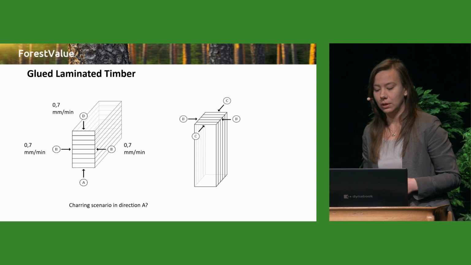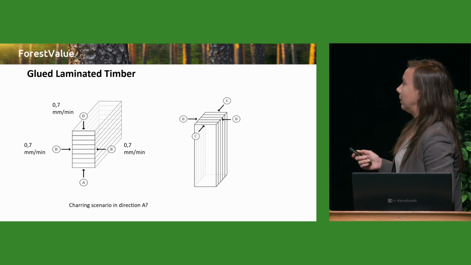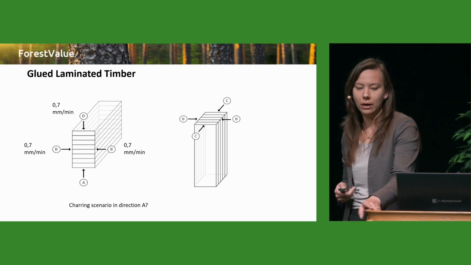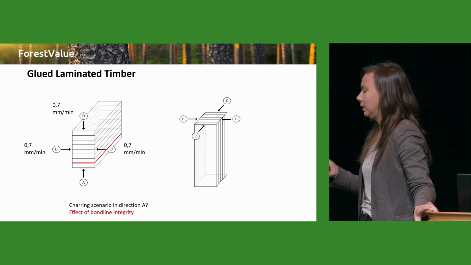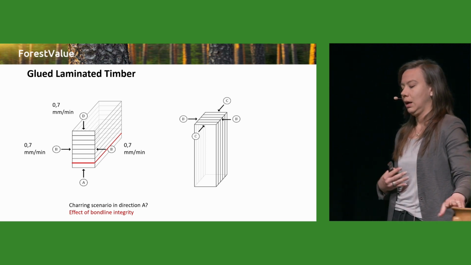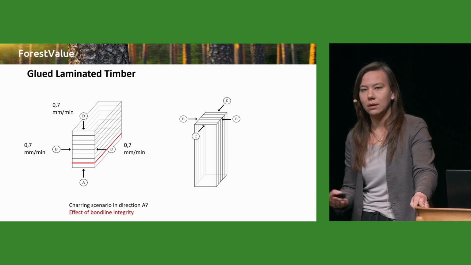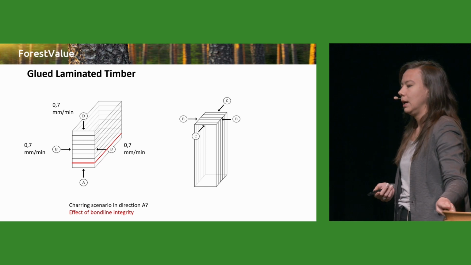One new result that we have had is the proposal for glue laminated timber. Up until now, we have not considered the bond line behaviors or the effect of bond line integrity for glue lam, because we have never seen that explicitly in tests. That can be a problem.